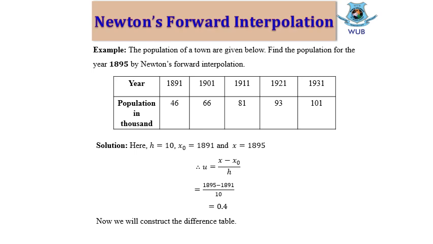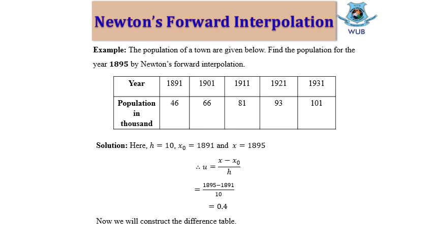So the value of x equals your required year, which is 1895, and the value of x0 equals 1891. So we find the difference between these two years, and the required value is divided by the interval, and we get our u value, which is needed for our forward interpolation.